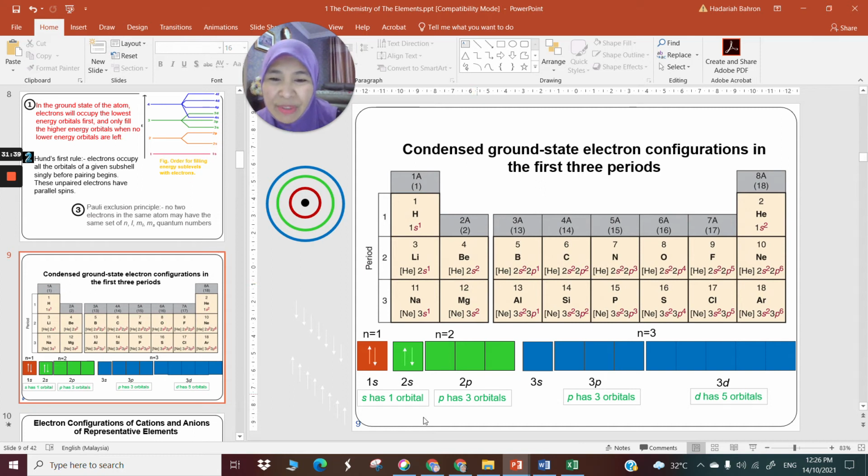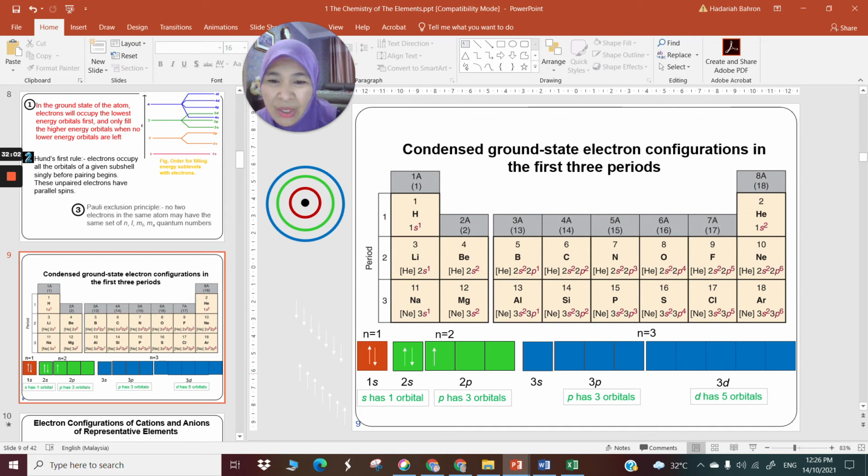And then when the fifth electron comes along, it will go into the first p orbital, right? The sixth one will not pair up with this one. Why? Because these 3 p orbitals have the same energy level. Can you see it there? That's the same energy level, all the 3 p orbitals.